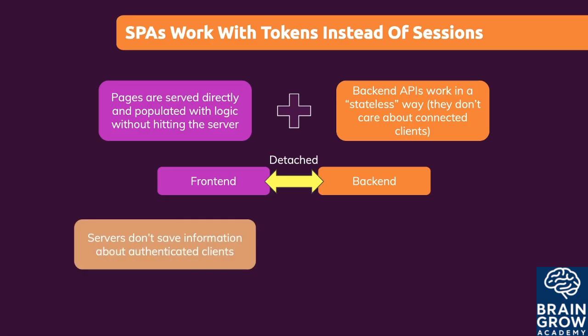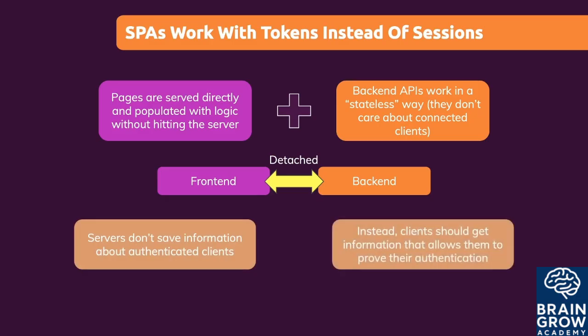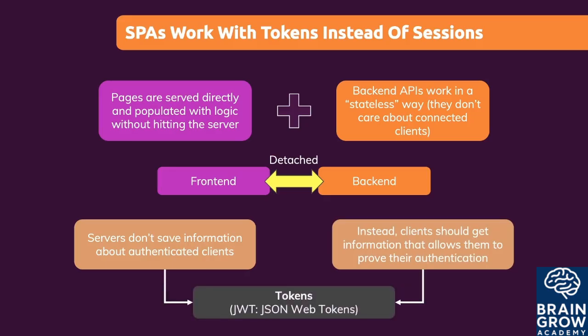And because that's the case, servers don't save information about authenticated clients, and instead clients should get that standalone permission which allows them to prove that they are authenticated. And that's why we use these tokens. And here specifically, we use a concept called JSON Web Tokens.